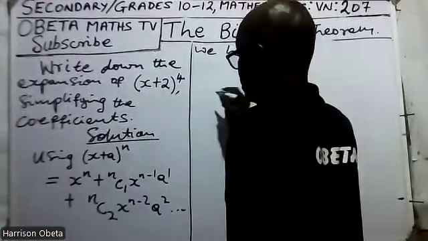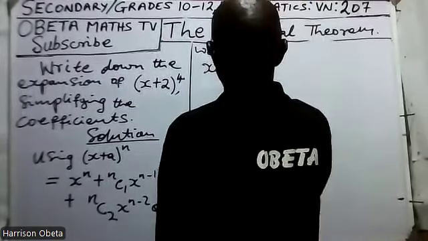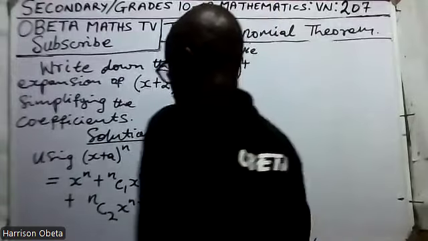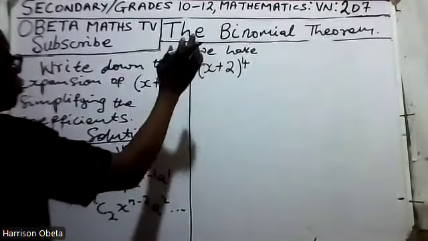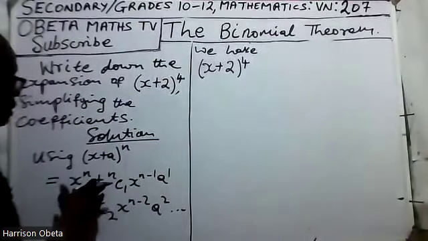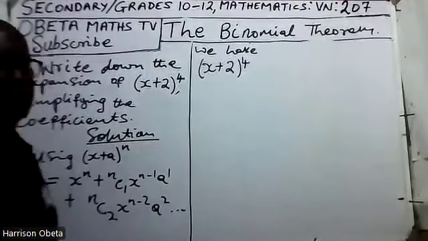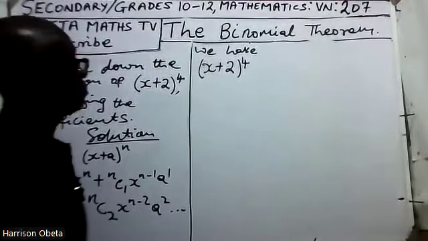We now pick this. We have x plus 2 all raised power 4. In other words, we are going to be applying the binomial theorem to this and see what we are going to get.